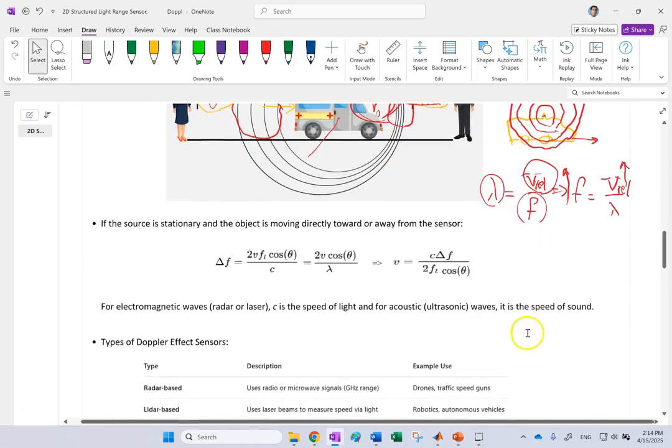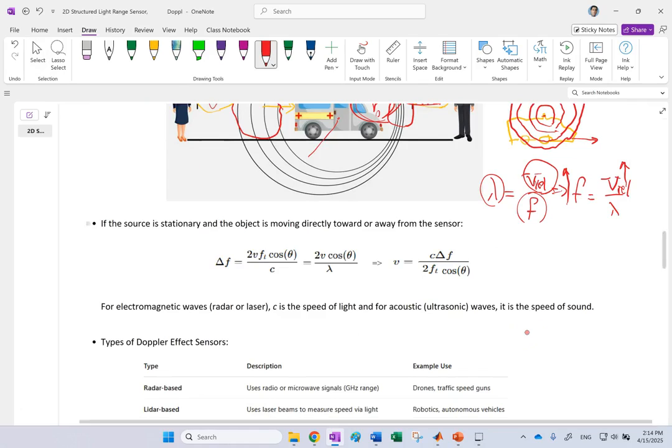So what is the formula? The formula is very simple and you can easily show it. Here we assume that the source is stationary and the object is moving directly toward or away from it.